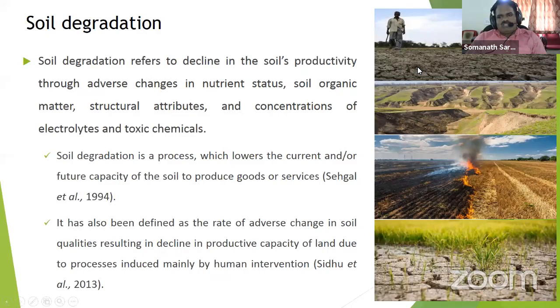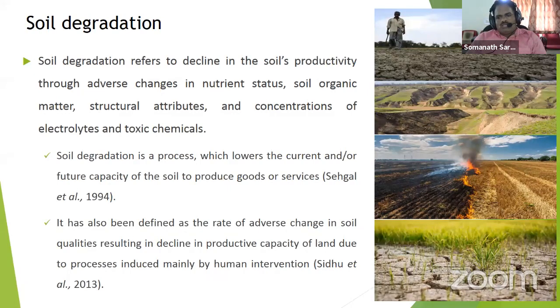Some of the natural factors that affect soil degradation are high rainfall in short periods of time, which erodes the soil badly. Human-made factors include the burning of the fields after the harvesting of cereal crops.